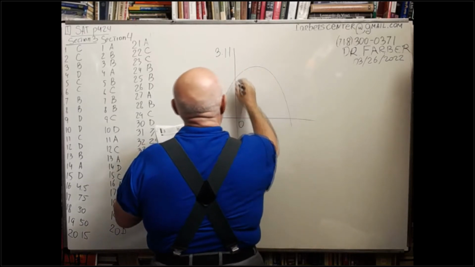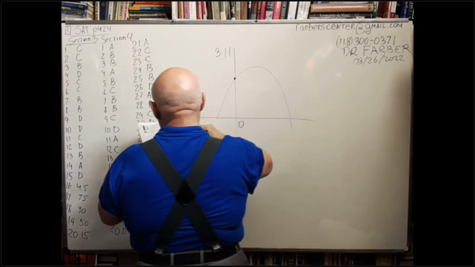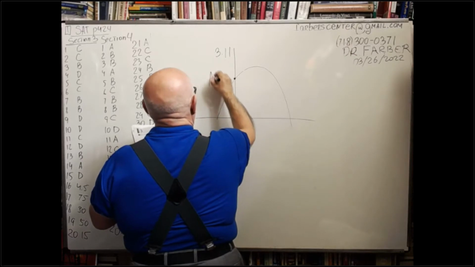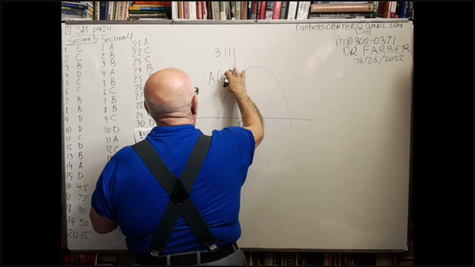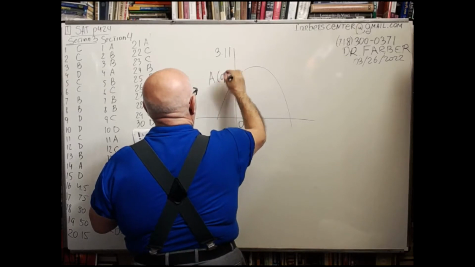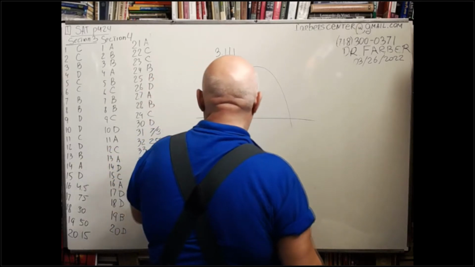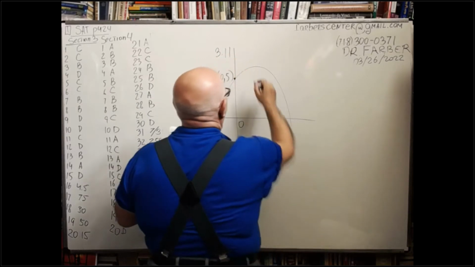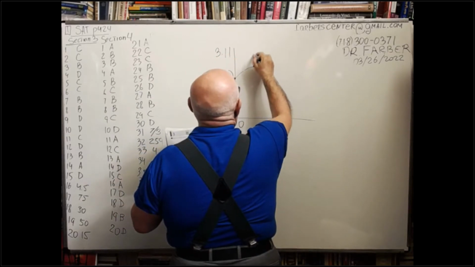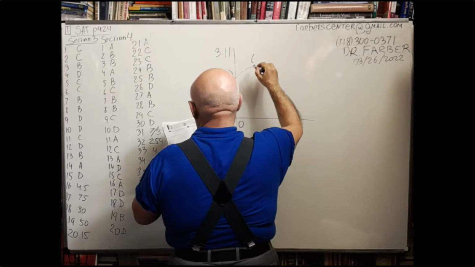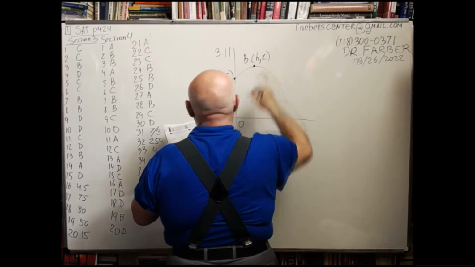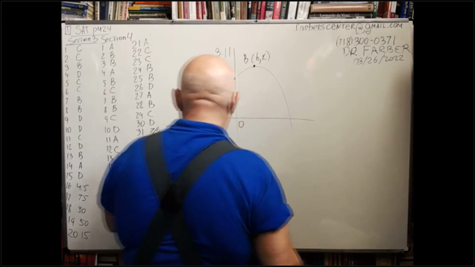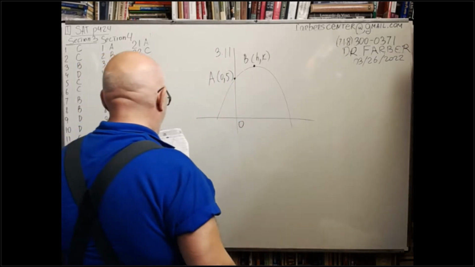Origin, let's say point A is (0, 5). The vertex, let's say B, (h, k). And we have a graph.